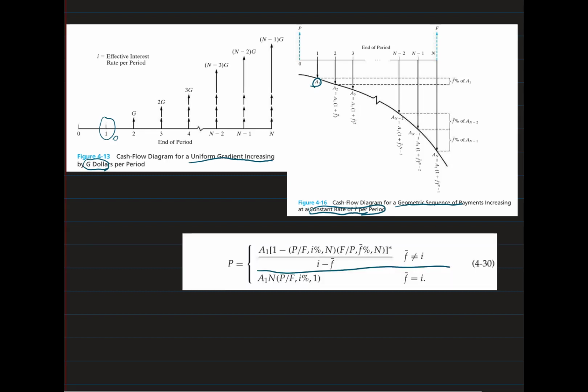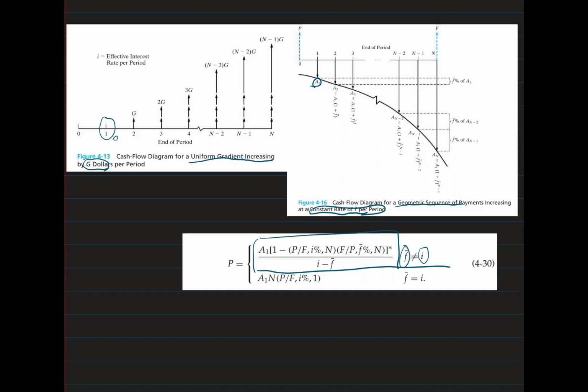Now we have the equation to calculate the present worth of the geometric sequence. On the upper part, underlined by the blue line, when we have an unequal discount rate I and constant rate F bar, we use this one.